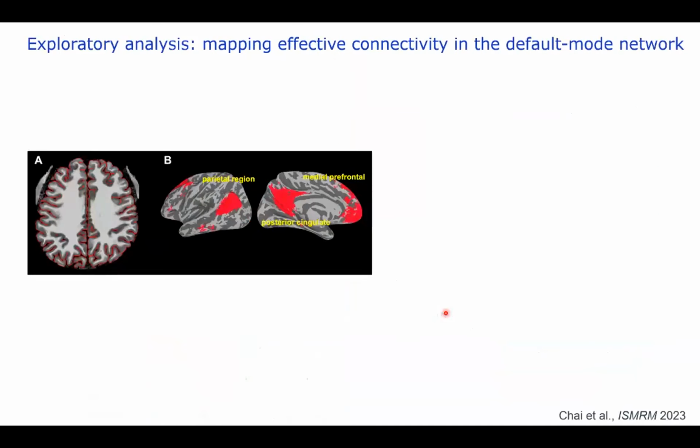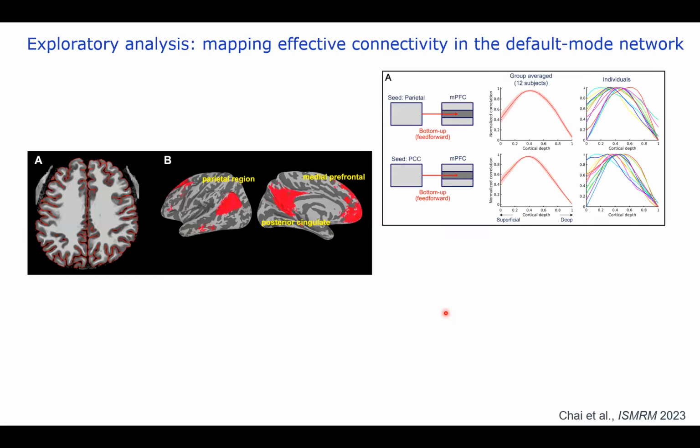After testing these primary sensory regions, there is certainly interest in extending to higher cognitive areas. This is an interesting study that recently started looking at effective connectivity in the default mode network, one of the strongest active networks in the resting state. They took seeds in the prefrontal cortex and the posterior parietal cortex.